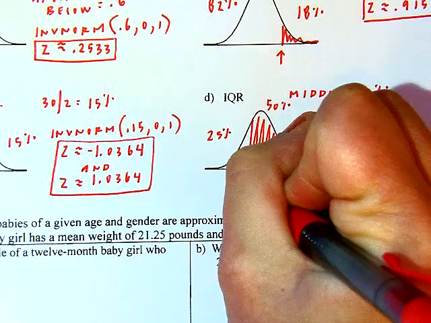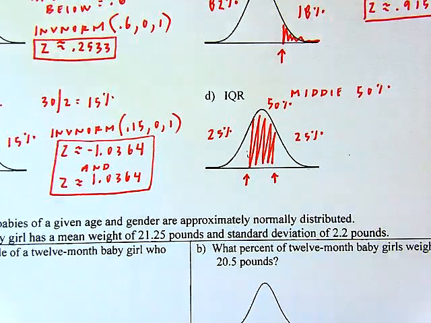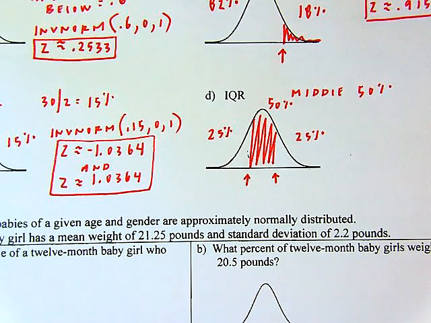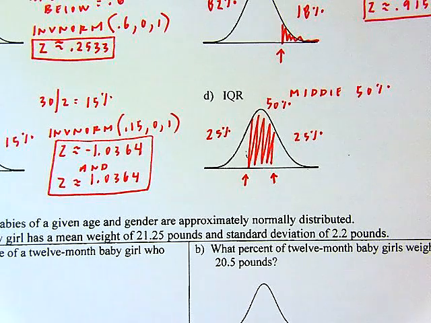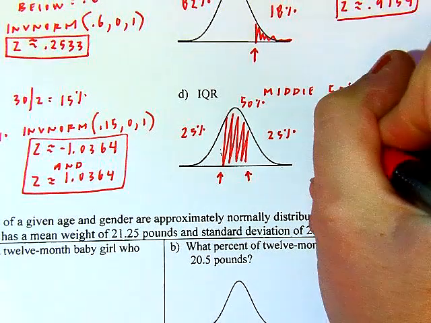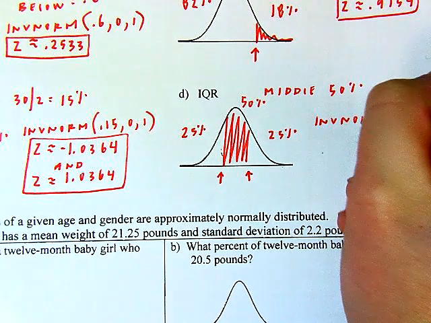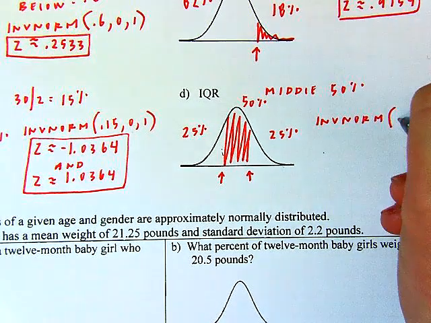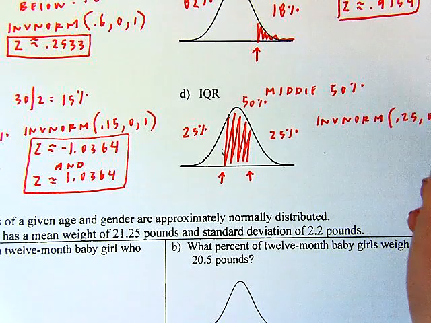And I want those markers here and here. And again, once I find one, I actually know the other one too. So here I would say inverse norm. Proportion below is 0.25, mean of 0, standard deviation of 1.